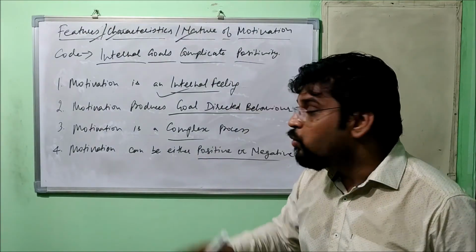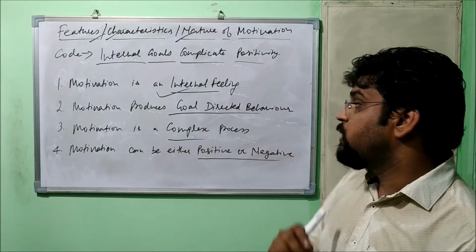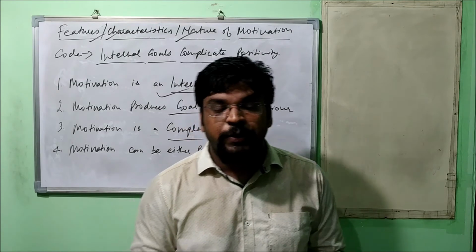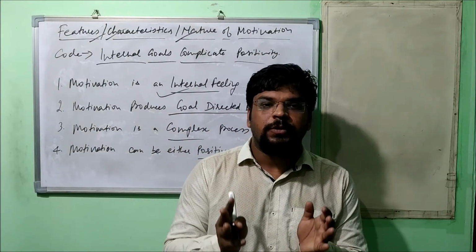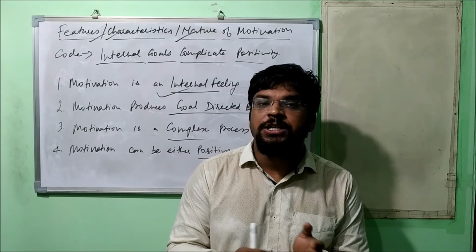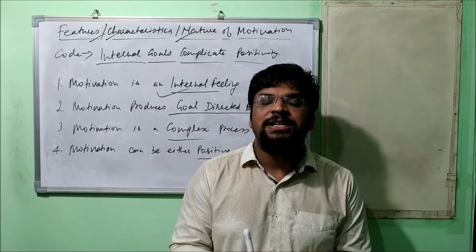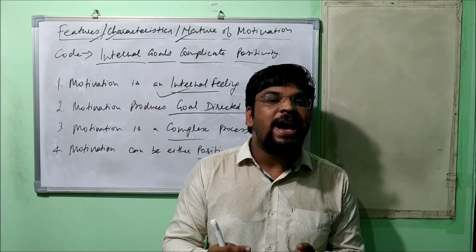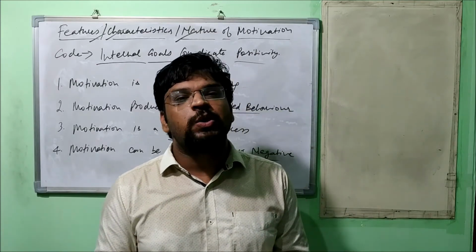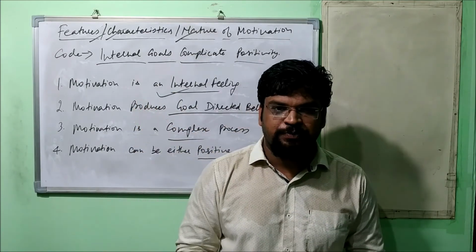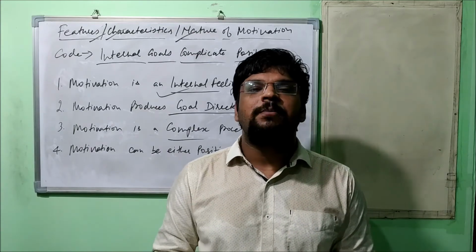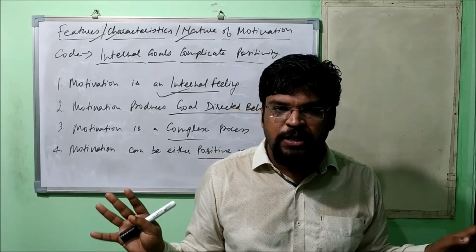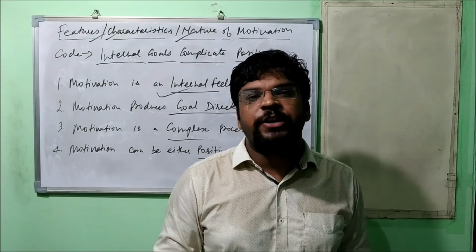So we can say that motivation produces goal-directed behavior, right? If a person has a goal, then definitely he can behave in the desired manner. He can try his level best to achieve that. And why is a person willing to achieve that goal? Due to the motivation, right? You can take this in that manner as well. Say for example, the person is not self-motivated, but he can be motivated by the manager.